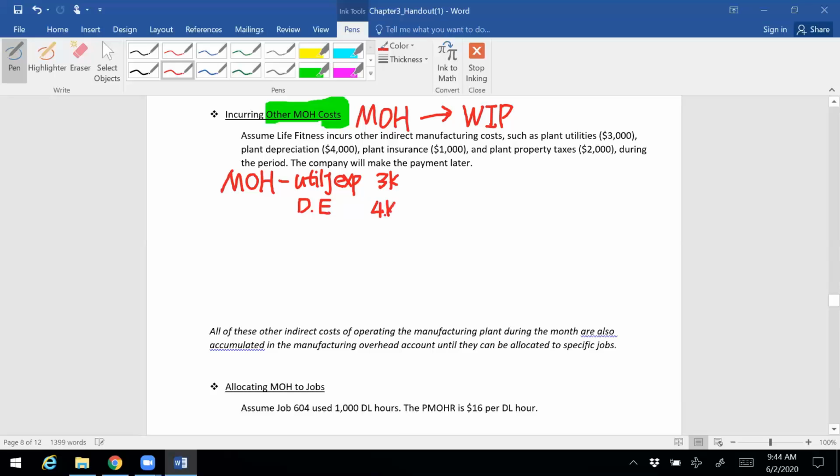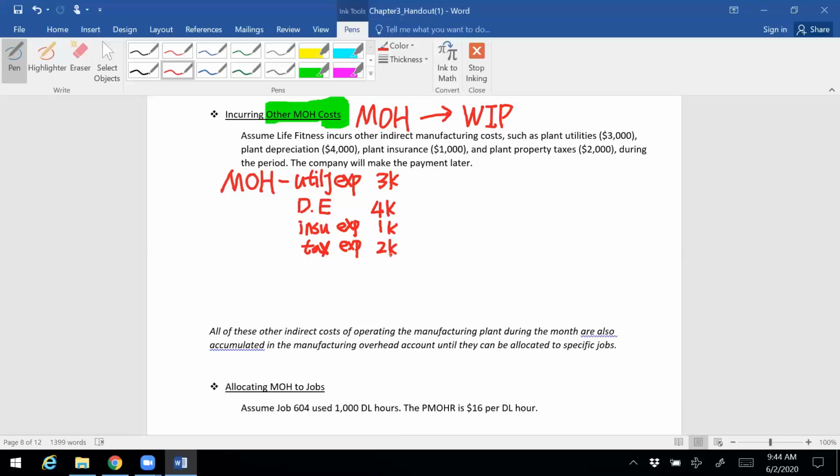It also includes insurance expense, $1,000, and tax expense, $2,000. But do we make a payment for all of this now? We don't make a payment, so we don't credit cash. We will make payment later.